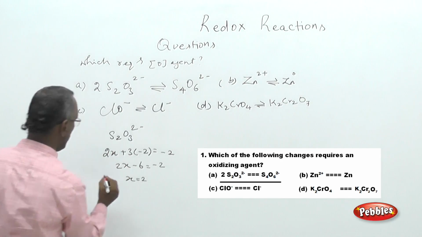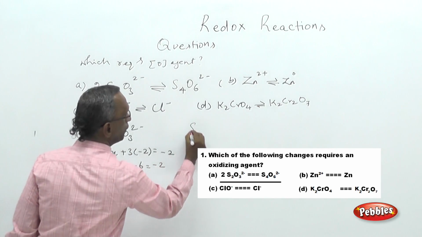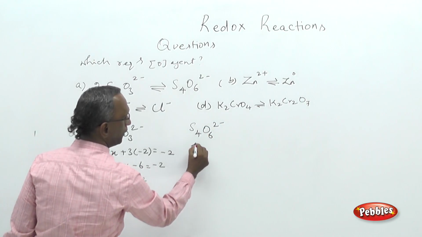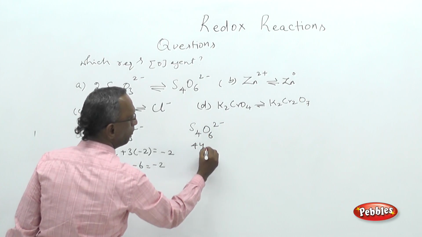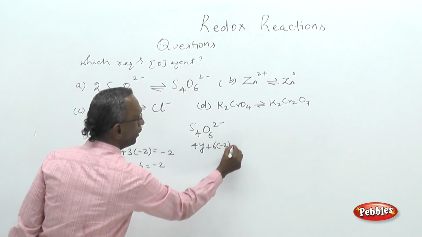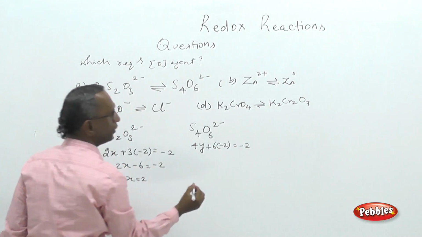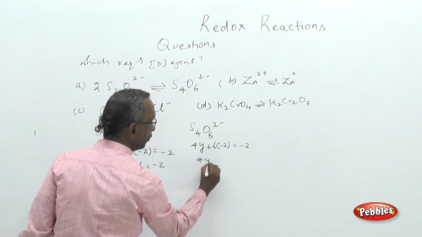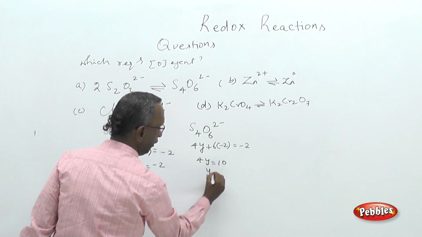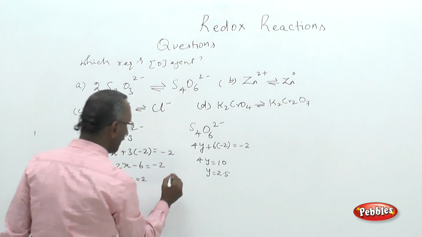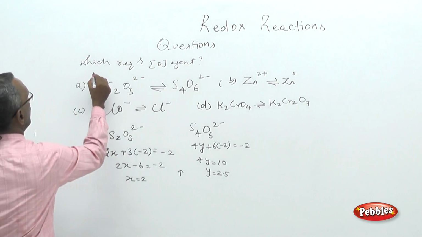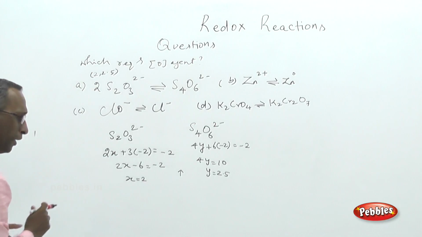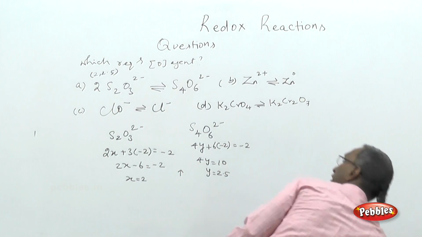On the product side, for S4O6 2 minus, with the same formula, let it be y: 4y plus 6 times minus 2 equals the total charge, minus 2. So 4y minus 12 equals minus 2, or 4y equals 10, y equals 2.5. So there is an increase in the oxidation state of sulfur from 2 to 2.5. So it is a possible oxidation reaction.